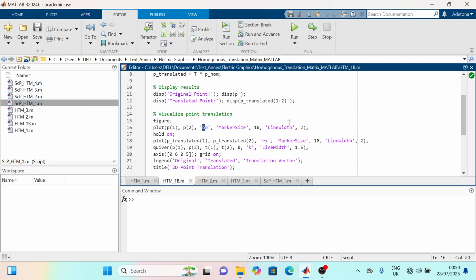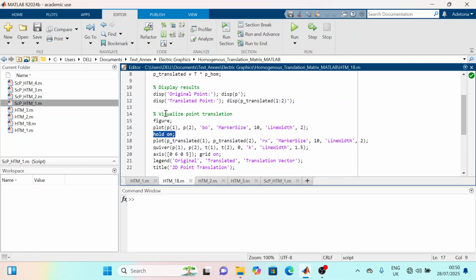MATLAB is going to put an appropriate value there, so as to be able to differentiate what we're having here from here. Then this statement here is telling us that this plot should be on, it should not be cleared. And then we are going to place another plot on this particular figure, with this one remaining there.